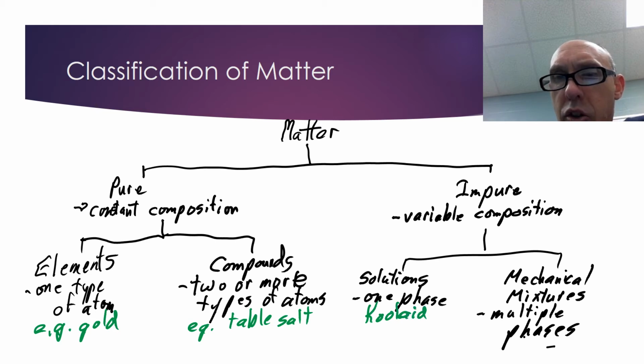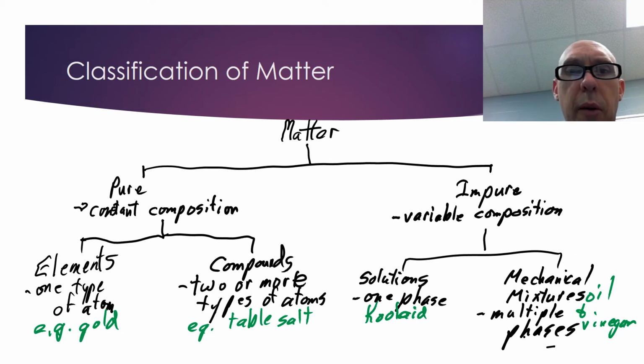And a mechanical mixture would be something like oil and vinegar dressing. So those are examples of the different types of matter. Moving on in 3, 2, 1.